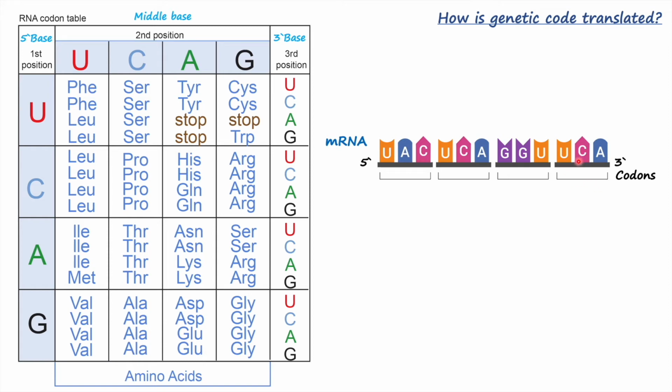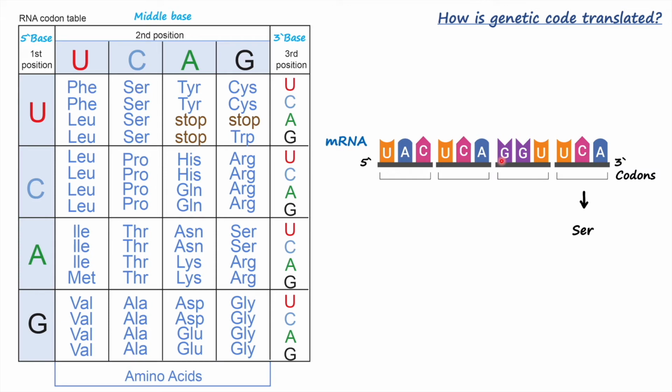So first we have UCA. If we go here, the first base is U, then C, and A, so that is serine. Now let's focus on GGU. And always remember, you are reading from 5 prime to 3 prime, so we always read from here to here, not from 3 prime to 5 prime.